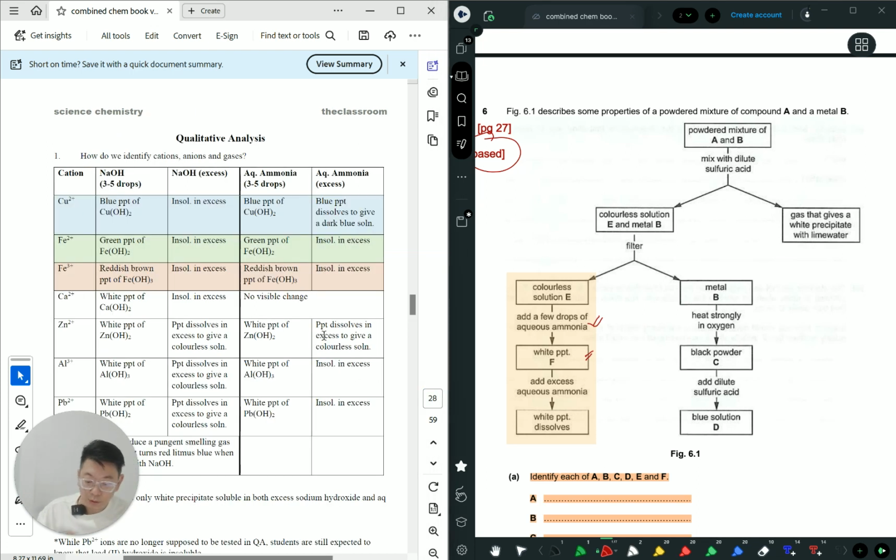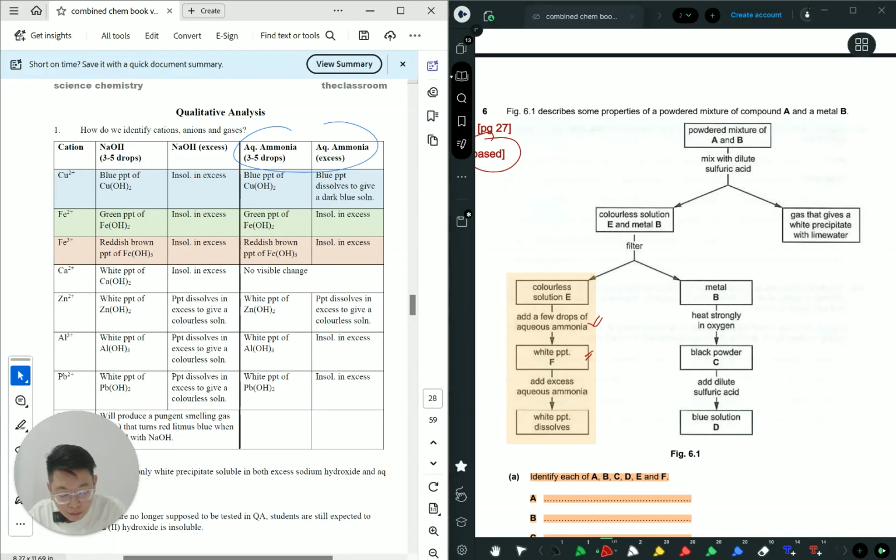So that's page 27. Aqueous ammonia, white precipitate. Add excess, dissolves. Oh, and this is key. If you miss this part out, you will always not know what to do. 2 conclusions. For every one observation, you must have 2 conclusions. The first conclusion is this is zinc hydroxide.